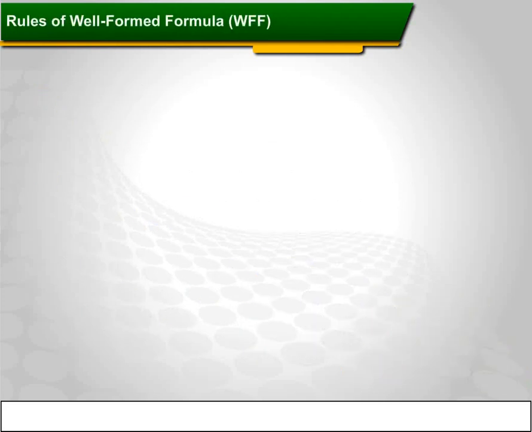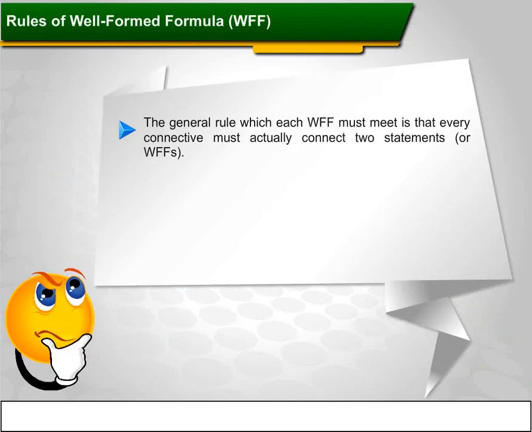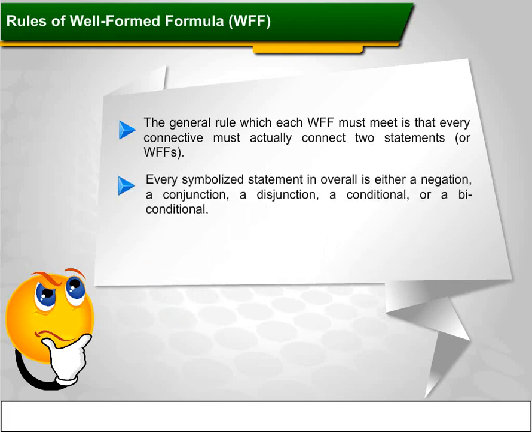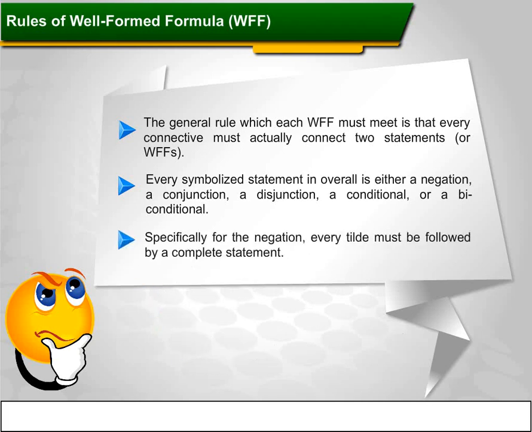Rules of well-formed formula, WFF. The general rule which each WFF must meet is that every connective must actually connect two statements or WFFs. Every symbolized statement overall is either a negation, a conjunction, a disjunction, a conditional, or a biconditional.